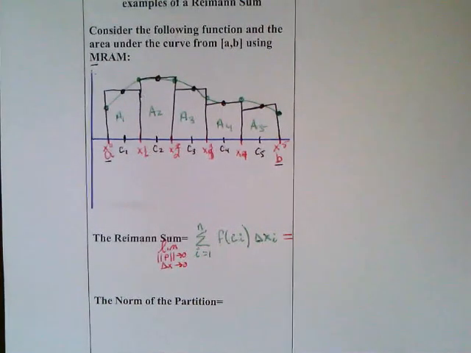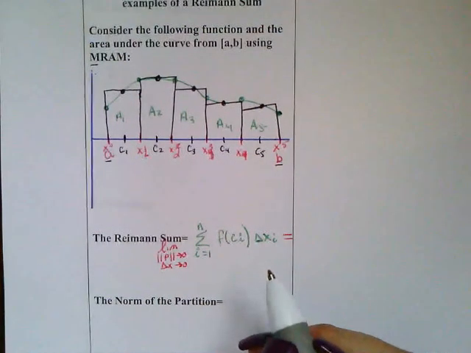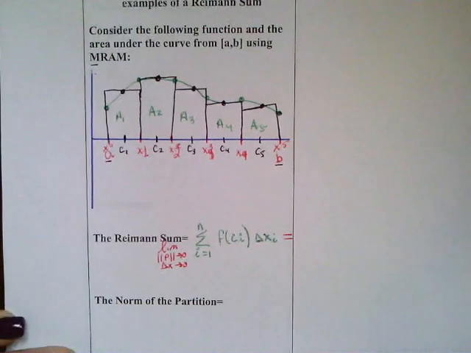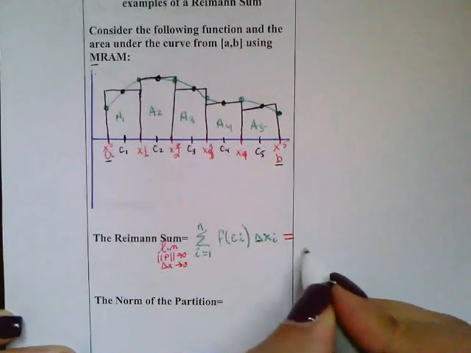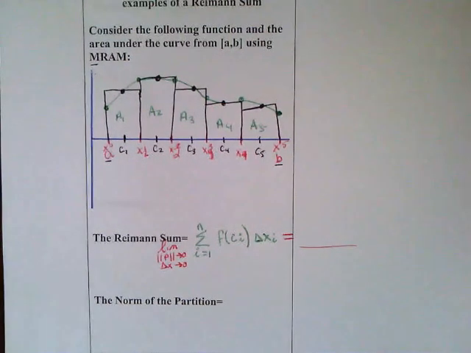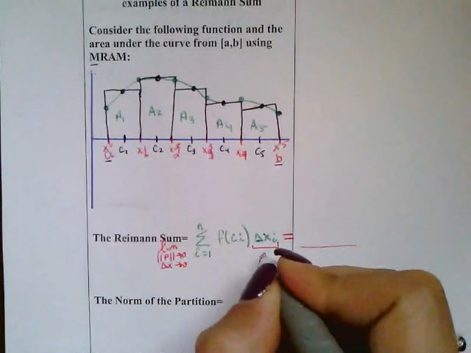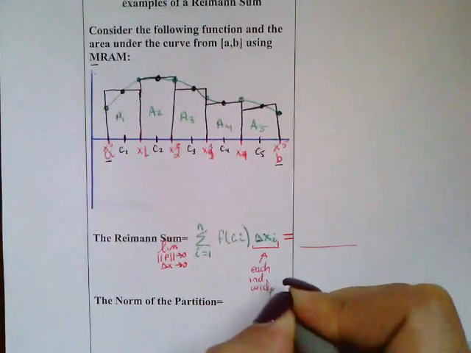So, in this case, we know that this is how Riemann sum is written. And the area under the curve for a definite integral, I'll write it in just a sec. But let's remember this. We're going to come back and fill this out. And remember, in Riemann sum, this is representing each individual width.